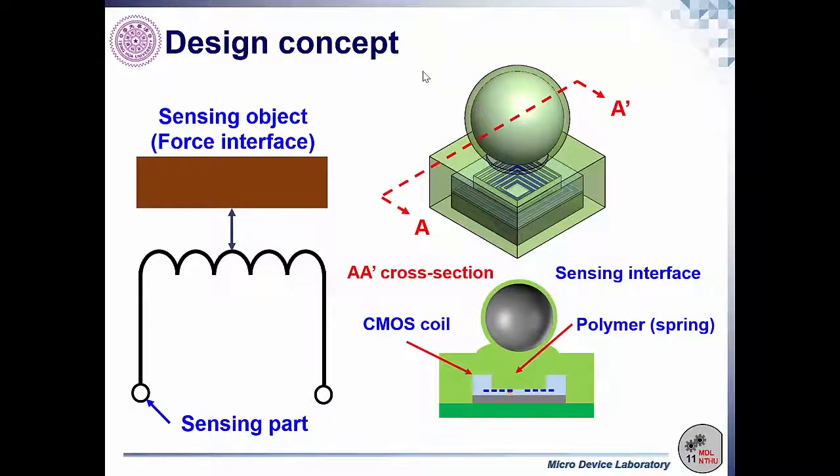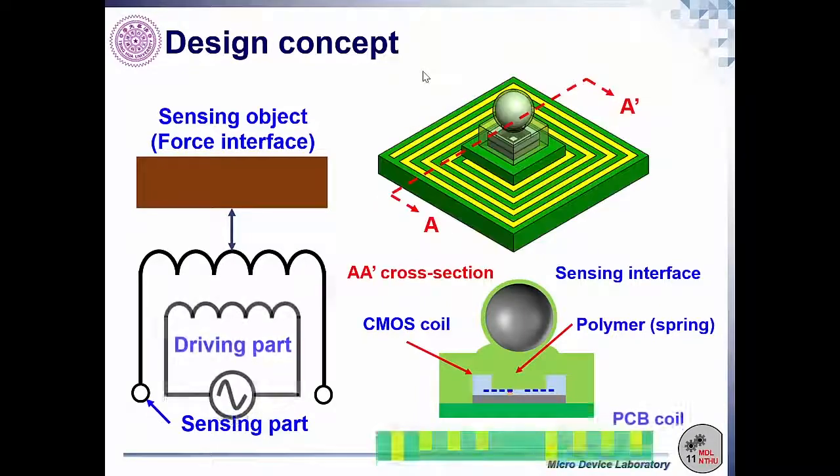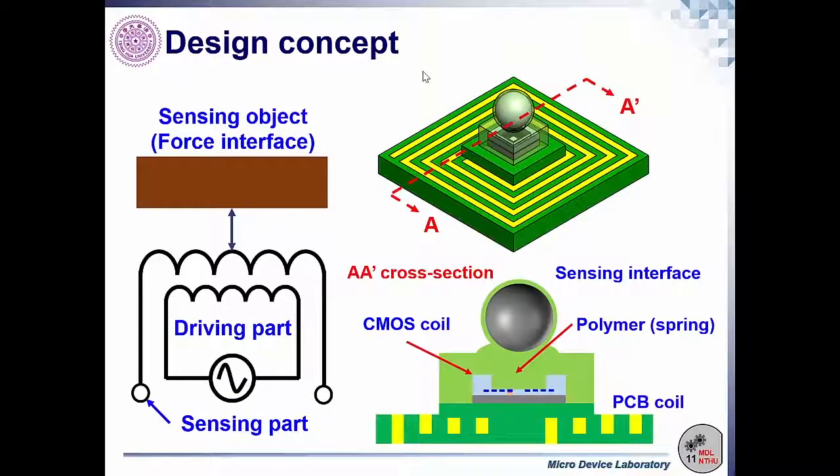I'm going to introduce the design concept of this study. This is the schematic structure of the previous study, using one single sensing coil on the CMOS chip. When the sensing object approaches the sensing coil, the inductance will vary. So let's put another driving coil underneath and apply an AC signal into the excitation coil.